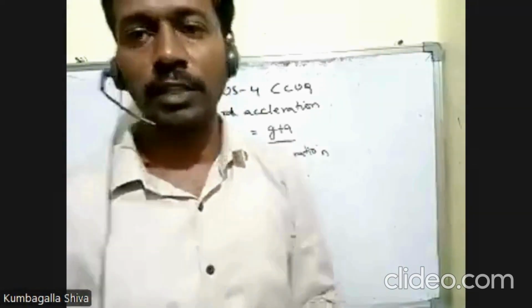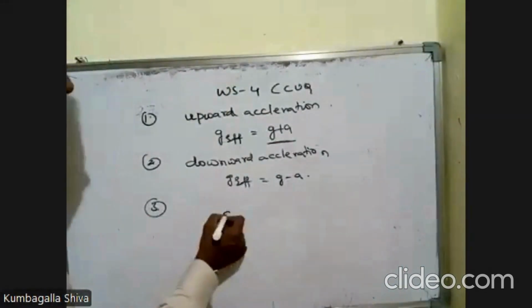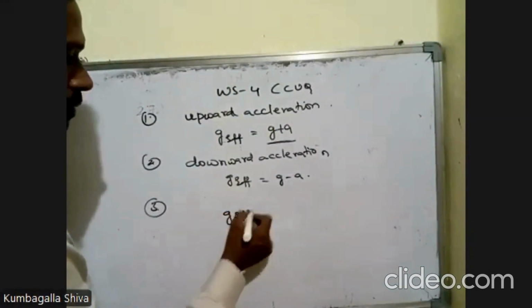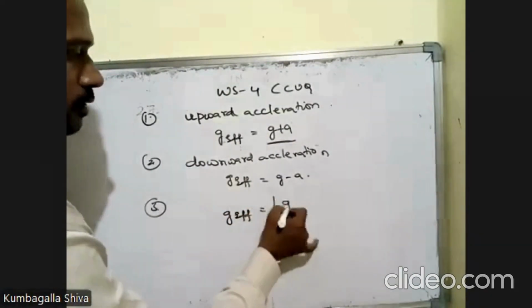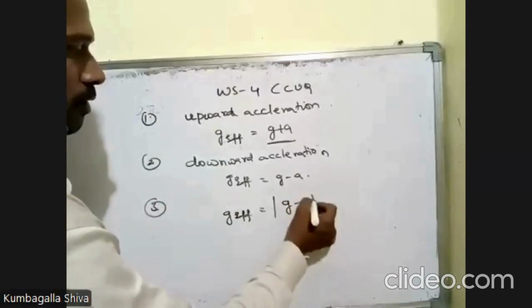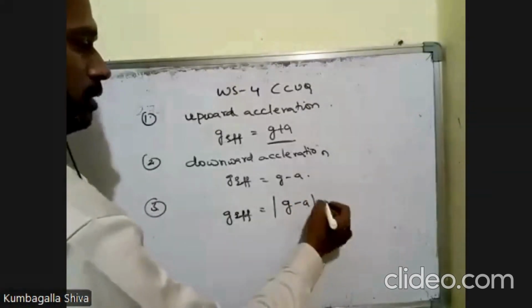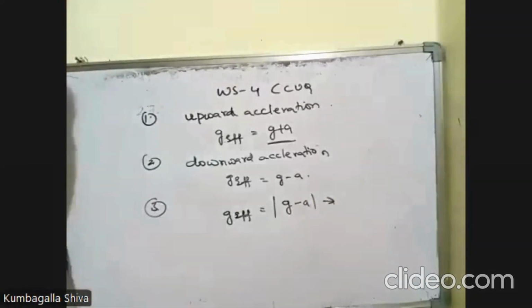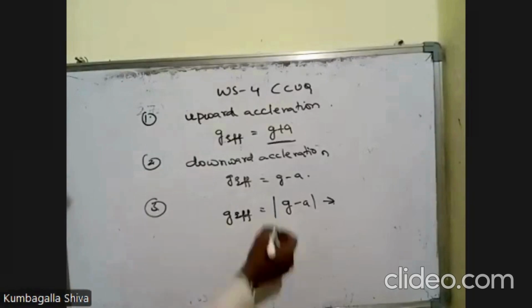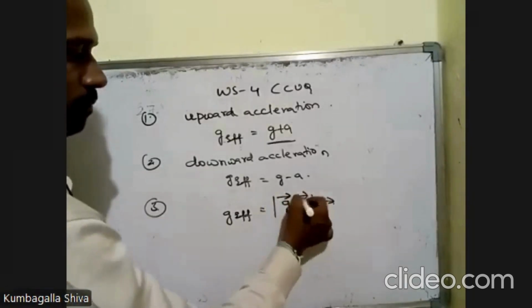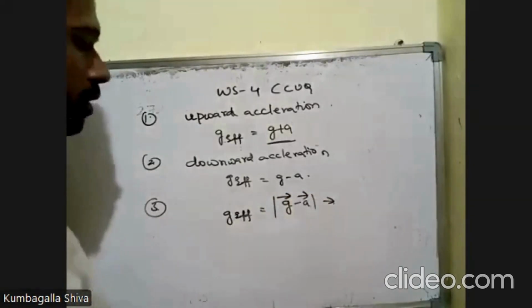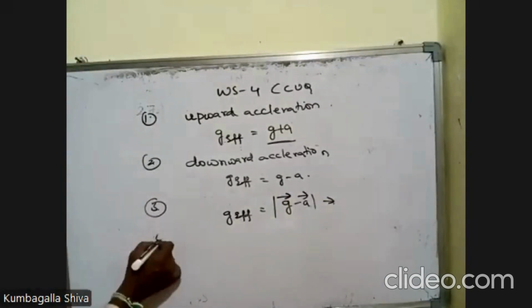Moving down, G effective is mod of G minus A. The liquid's effective acceleration is G minus A. So here we are adding in vectorial form. Downward acceleration.